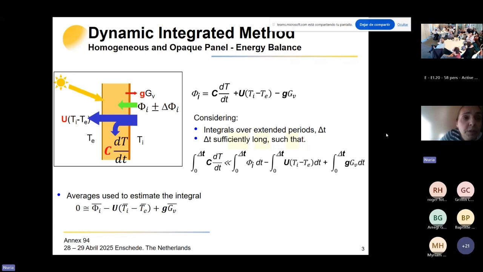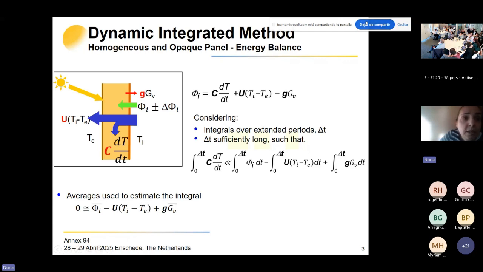And also we have to consider the vertical global solar radiation that is going to induce these solar gains in the wall. All these factors, as you can see, we have considered in the first equation on the slide, which is this one.